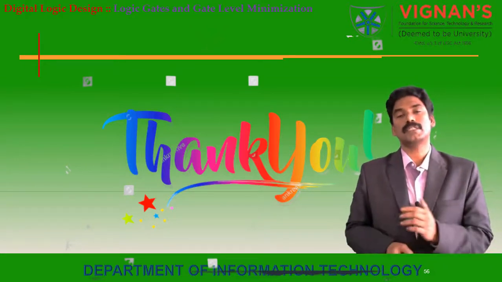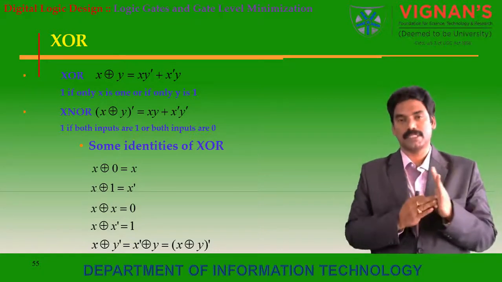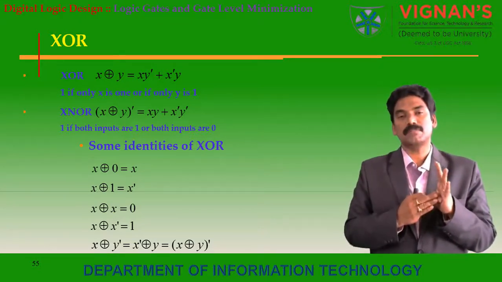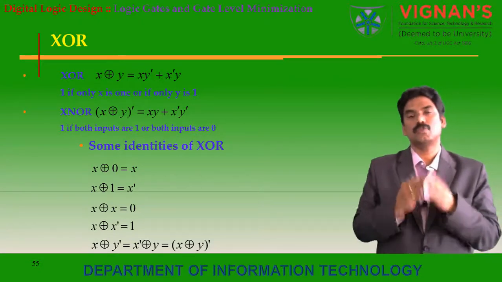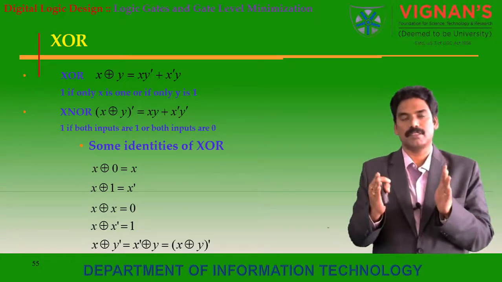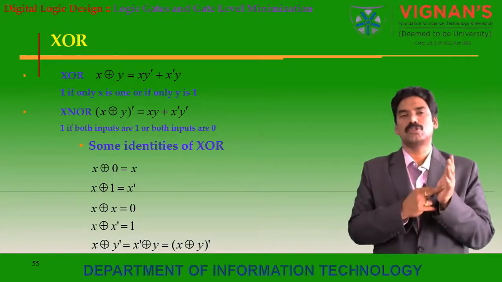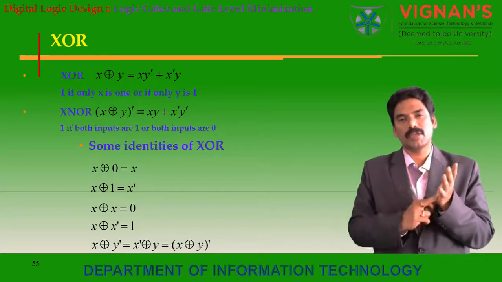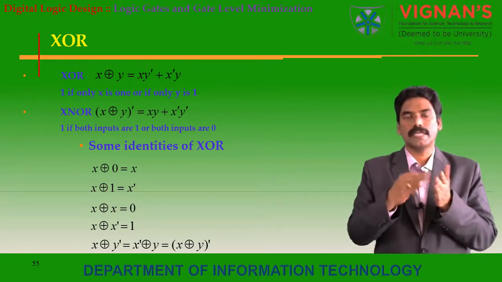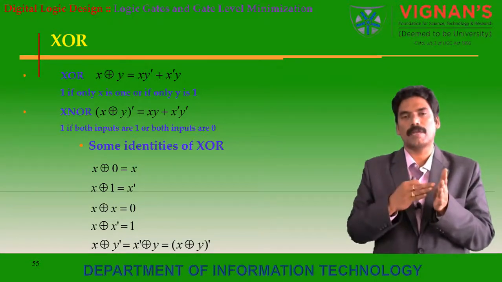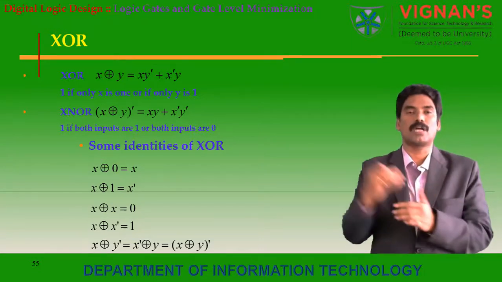In this session we discussed first map simplification. Map simplification means gate level minimization. In this gate level minimization, we used the map simplification method. Map means here Karnaugh map. We discussed two variable, three variable and four variable Karnaugh maps, and we practiced some examples on them, and we discussed the five variable Karnaugh map also.